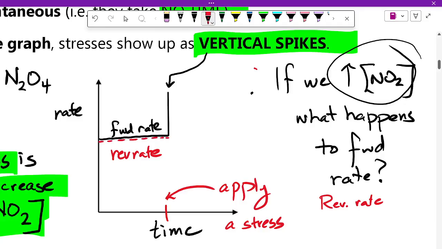Oh, what happens after that, do you mean? Yes, that's a very good question. So the reverse rate in that moment stays the same.